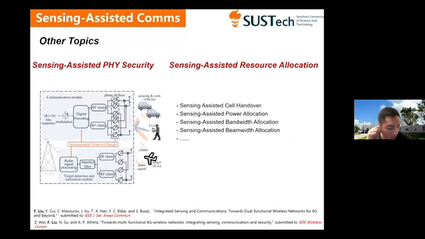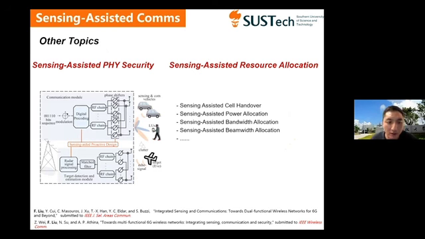And there are, of course, some other important, interesting topics like sensing-assisted physical layer security and sensing-assisted resource allocation. For security, you can have active sensing to sense the channel of the eavesdropper.